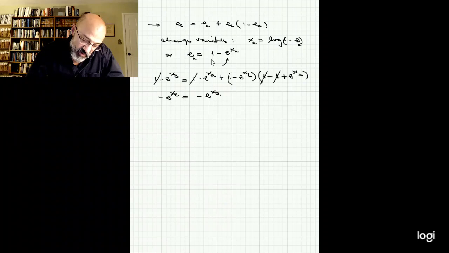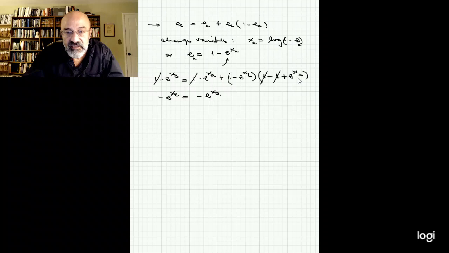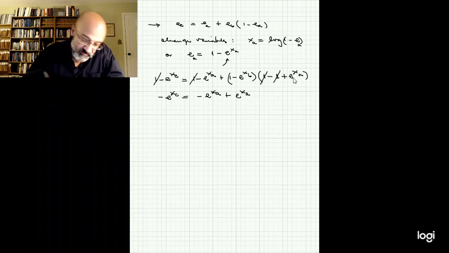Here we have 1, and e^XA plus e^XA, and then we have e^XA e^XB minus e^XB plus e^XA.